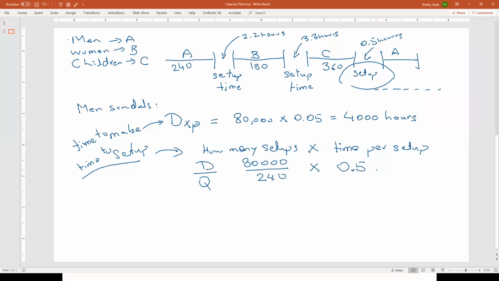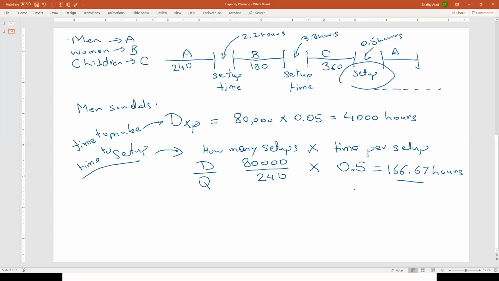So let me write this here. 166.67 hours. Now, essentially what this number is showing is how much time we need to spend in total to set up the machine for product A when we have to make 80,000 pairs, right?